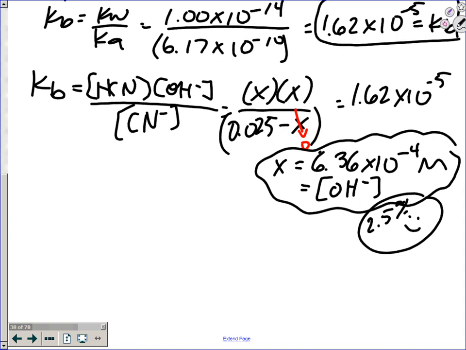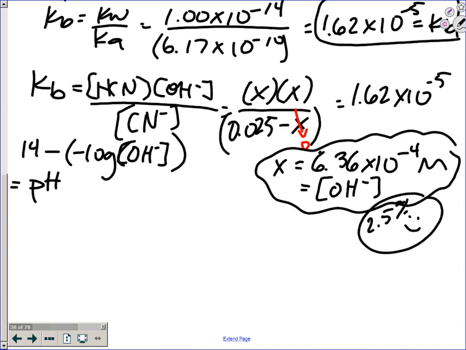So now we have this, and we're solving for the pH of this salt and water. So now that I have this concentration, I can find pH by doing what? Say again? Okay, so 14 minus negative log of the OH concentration, which is right there.